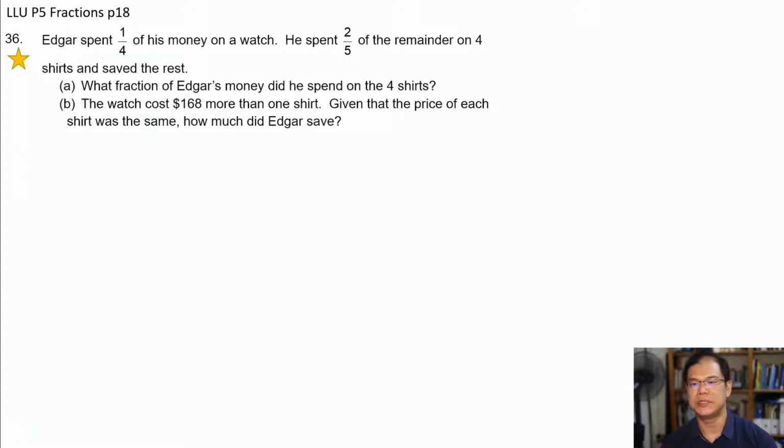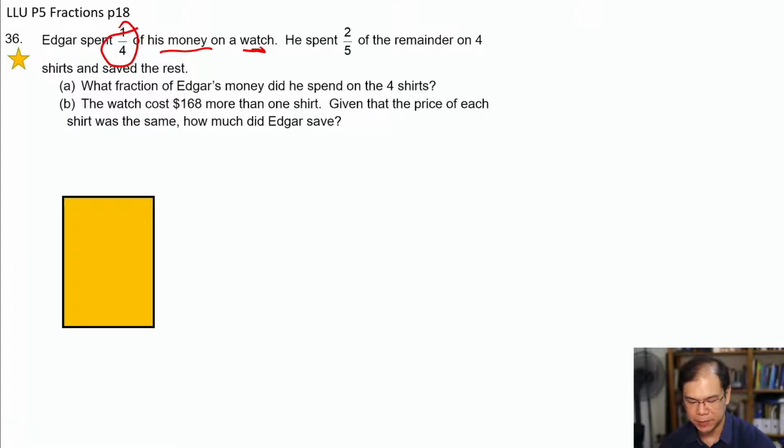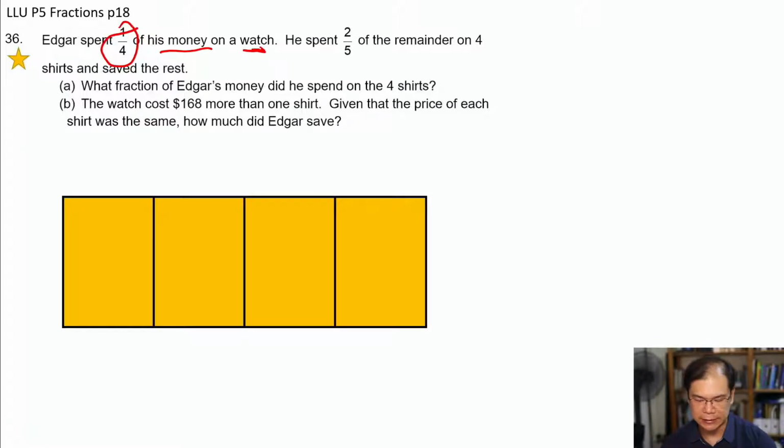So let's try and represent what's going on in this question in the model. So 1/4 of his money on a watch means at first there must be 4 units of money. Okay, and 1 out of the 4 units goes to the watch. The other 3 big units must be the remainder.